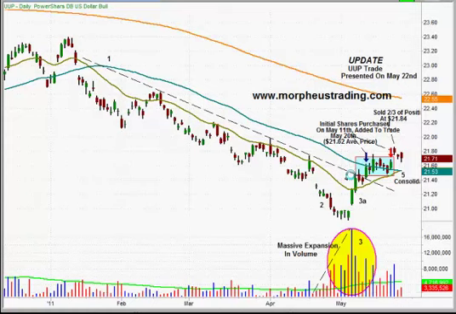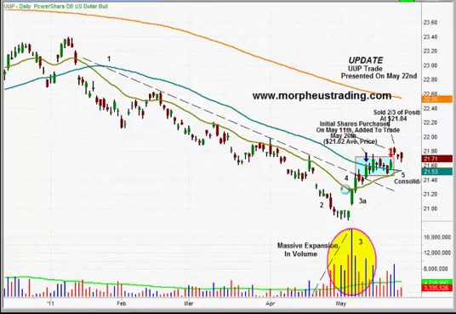Now, we don't want to try to enter or chase this trade, because how do we know where it will stop? Does it stop here? Does it stop here? Does it stop here? We don't know. So what we look for is some type of consolidation. If you notice right here, we have several days of pullback where we come back into the 20-period moving average, which by this time has begun to turn back up.